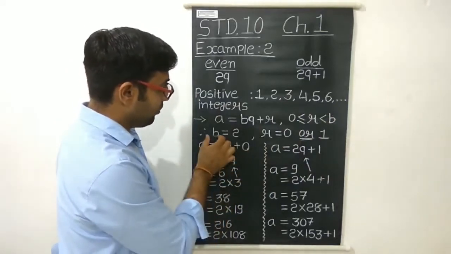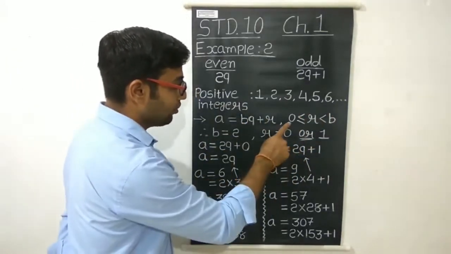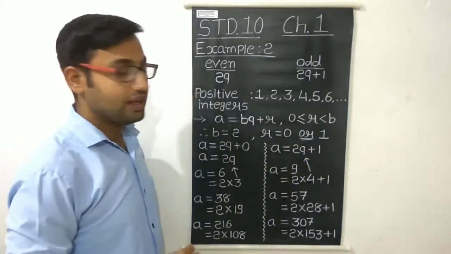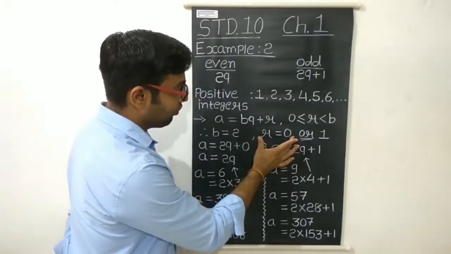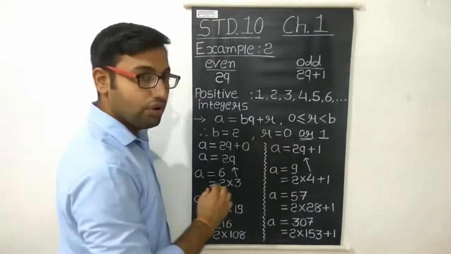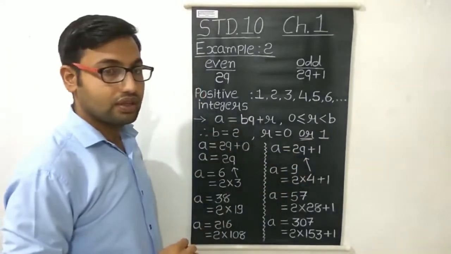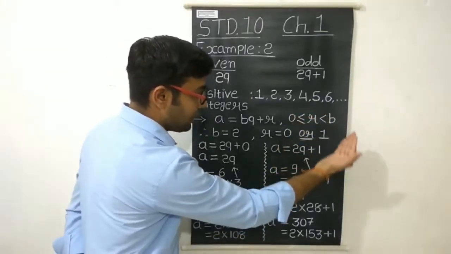Here, by putting b equal to 2, we get the relation 0 less than or equal to r less than 2. That means the value of r may be 0 or the value of r may be 1, because we cannot take 2, as we have to take a value less than 2.